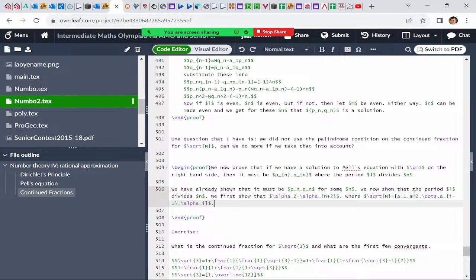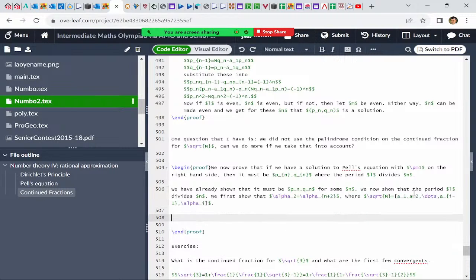Okay. We first show that alpha 2 equals alpha m plus 2. Alright, do you guys remember what the idea was? Yeah. So, okay, square root n equals... see if you can figure this out as I'm doing it.